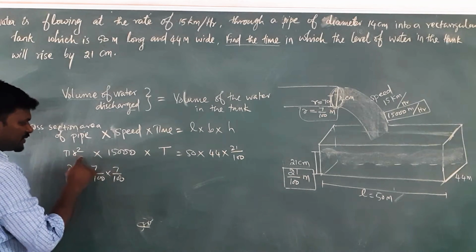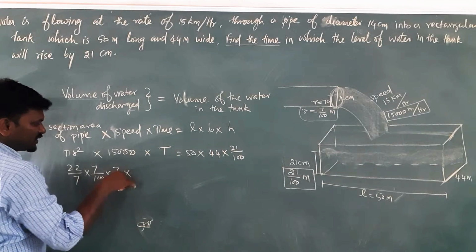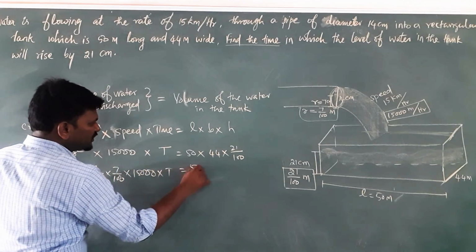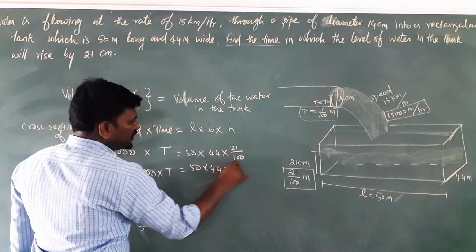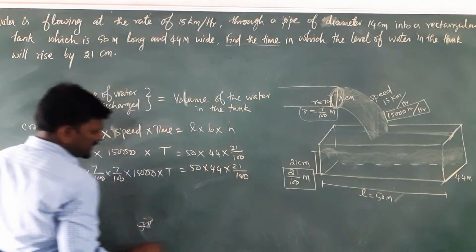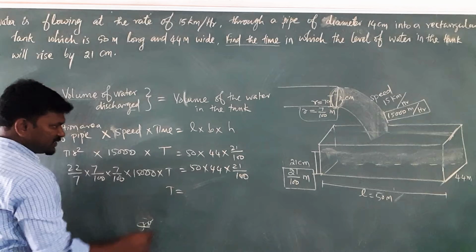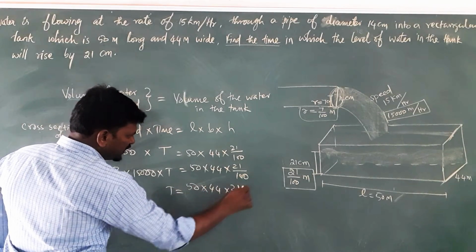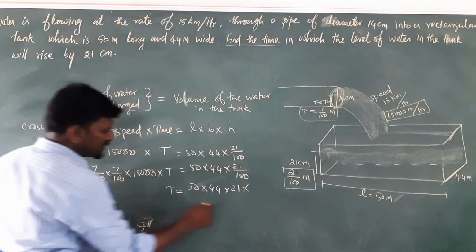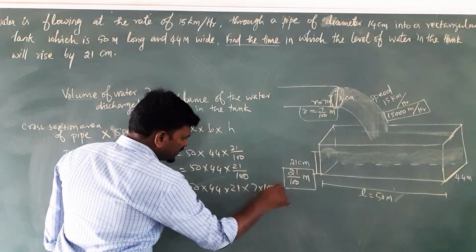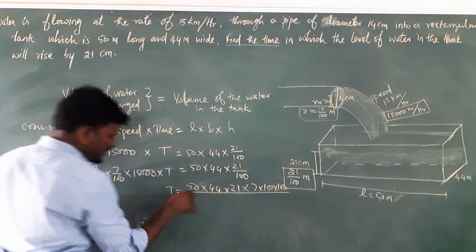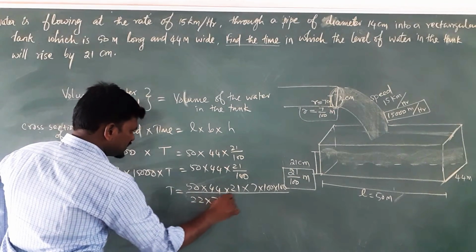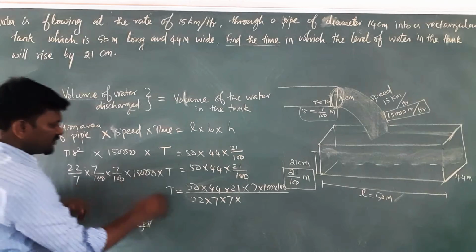Here we are writing 2 times r into r into 15,000 into t is equal to 50 into 44 into 21 by 100. Now t is equal to 50 into 44 into 21 into 7 into 100 by 22 into 7 into 7 into 15,000.